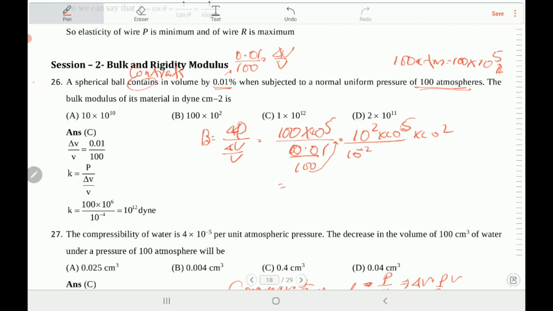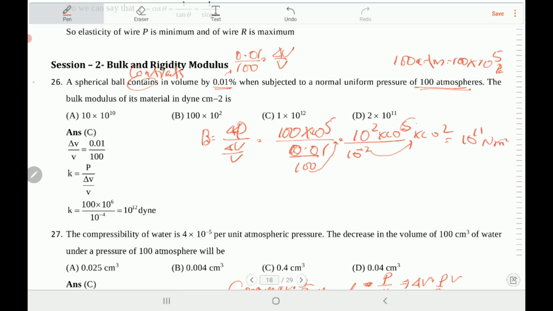So the final value, 5 plus 2 is 7, and this 10^-2 comes to the numerator, so it becomes plus 2, plus 2, plus 4, plus 4, plus 6, plus 5, plus 11 is the value. If you simplify it further, you will get 10 to the power 11 totally.